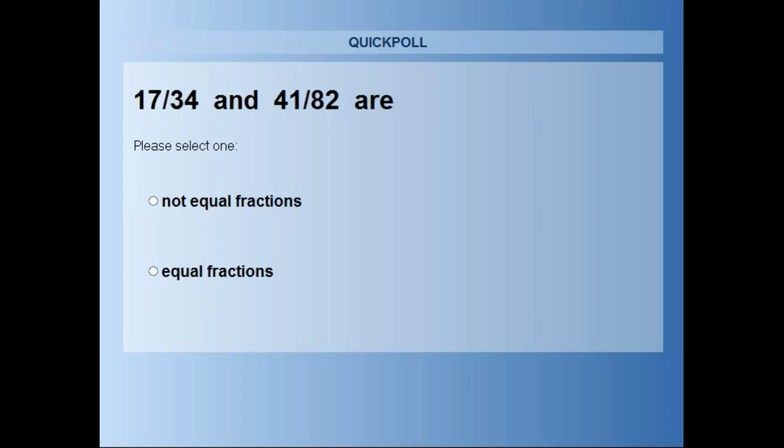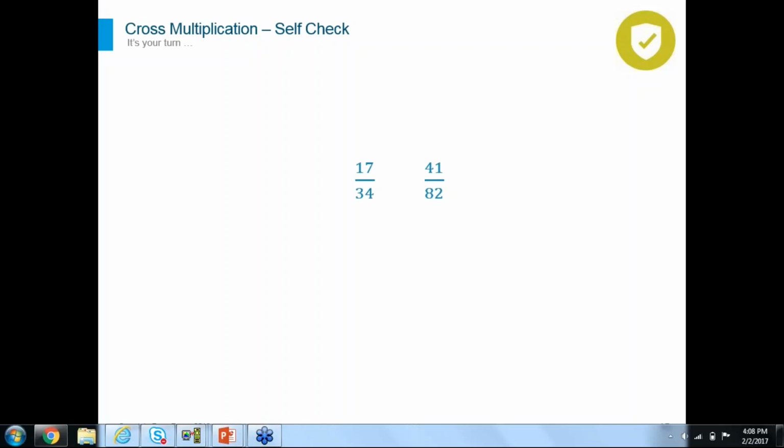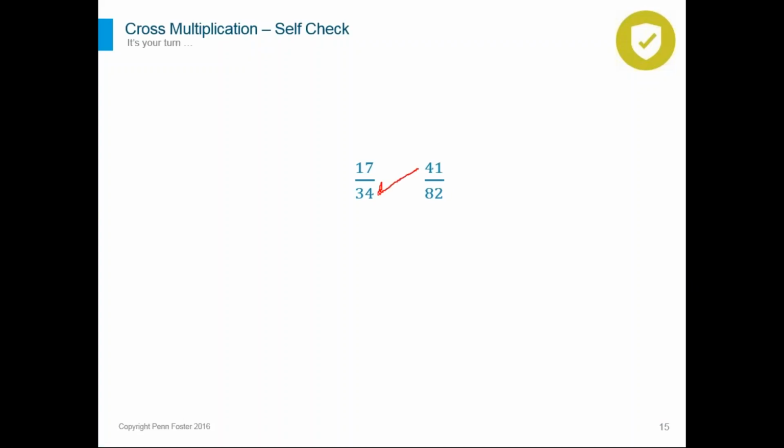Okay, let me share my answer. When you cross multiply, you will find that this product is 1,394, and this product is the same, 1,394, and therefore we can conclude that these fractions are equal fractions.